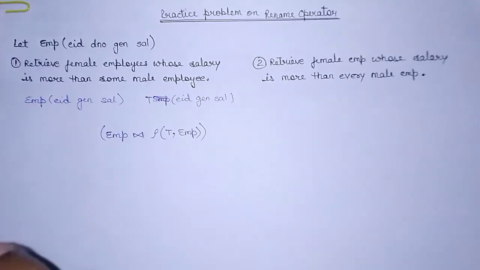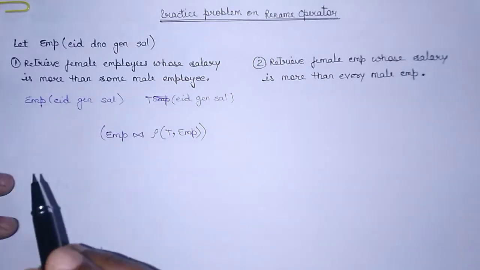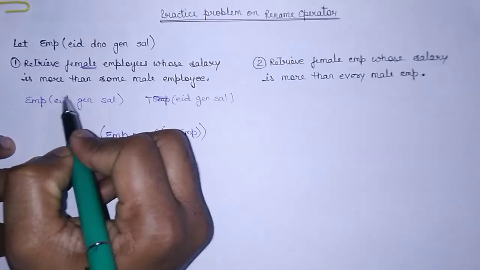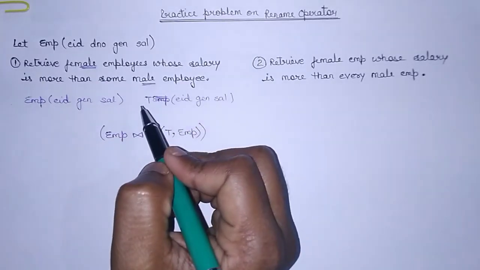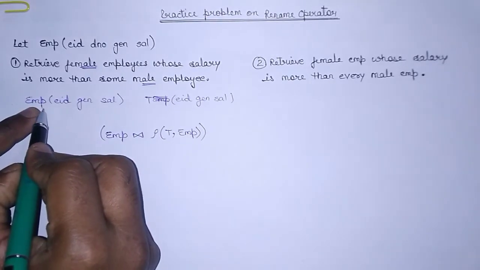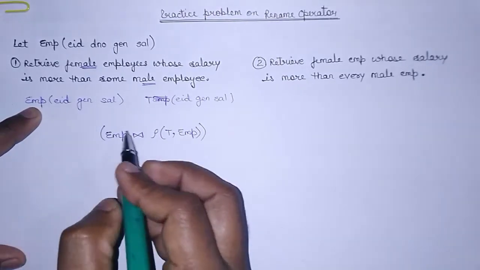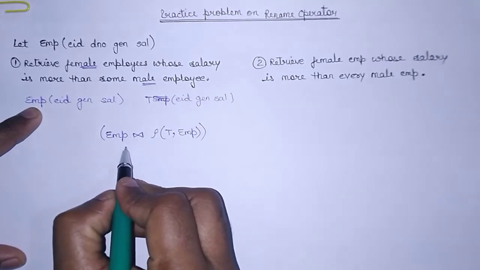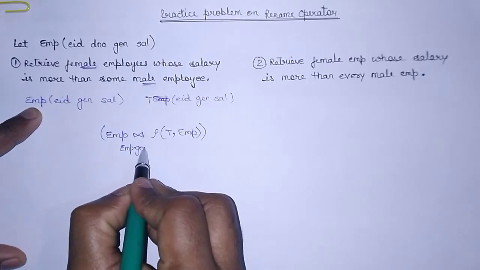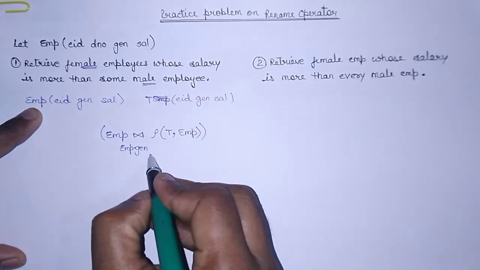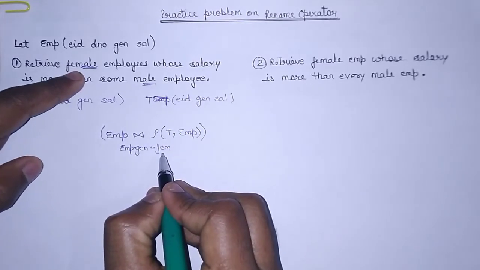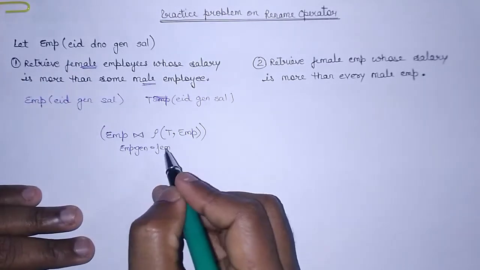The condition will be given in the statement itself. We have to retrieve the female employee and check the salary against the male employee. So first, employee dot gender, the gender of the employee table, has to be female, because we are talking about the comparison of female and male.